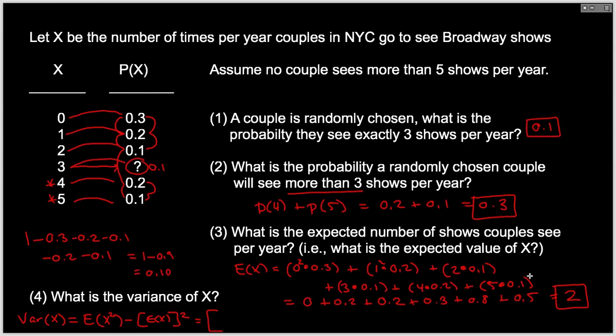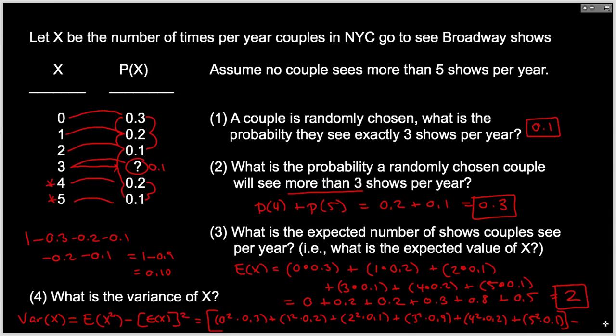So it would be 0 squared times 0.3 plus 1 squared times 0.2. Everything's the same except I square that value. Plus 2 squared times 0.1 plus 3 squared times 0.1 plus 4 squared times 0.2 plus 5 squared times 0.1.